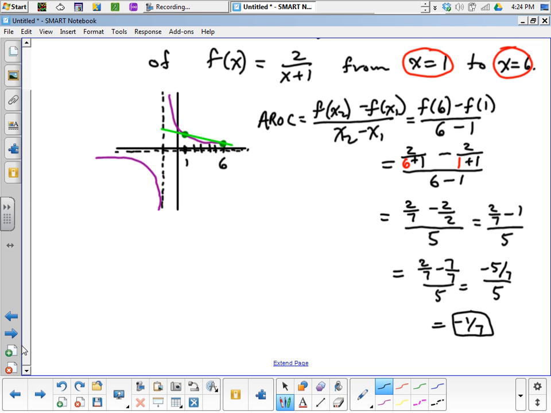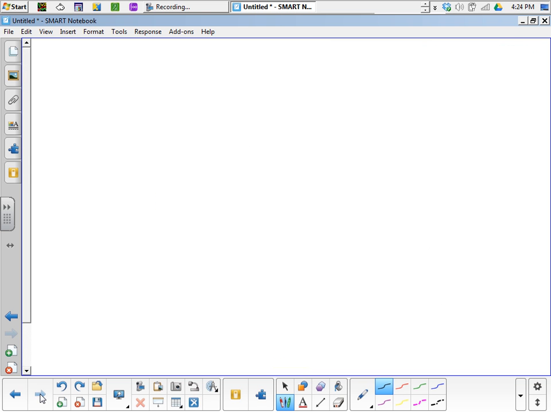Here's what our textbook likes to do. Our textbook doesn't like to use two numbers like 1 and 6. They like to use 1 and x, or 2 and x, or 0 and x, like that. So let me show you how the book asks questions as well.